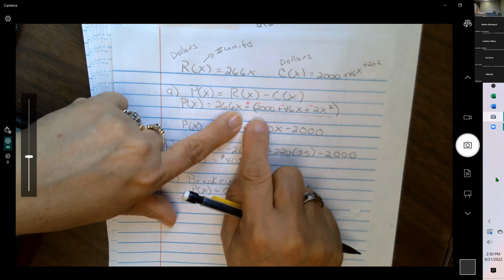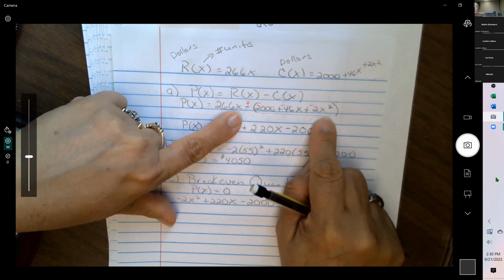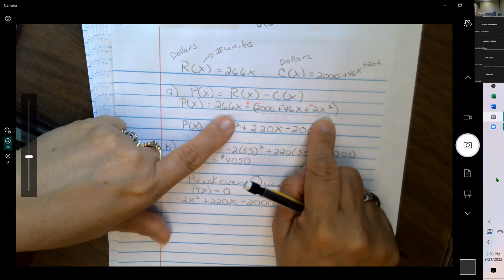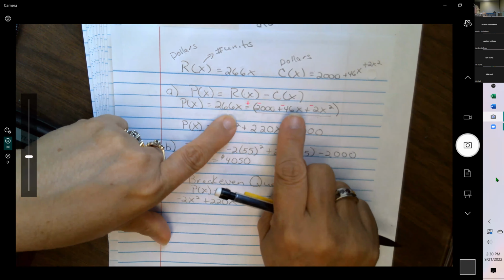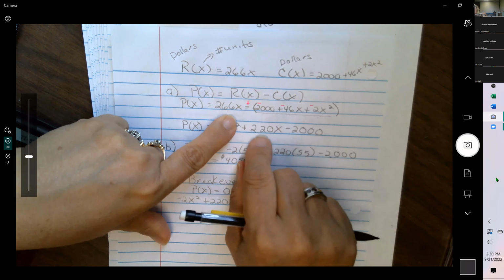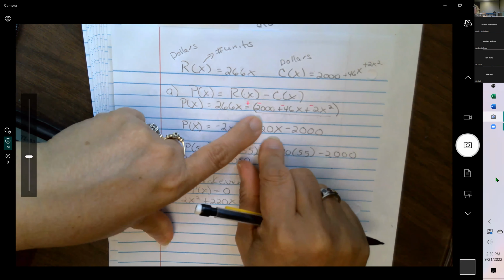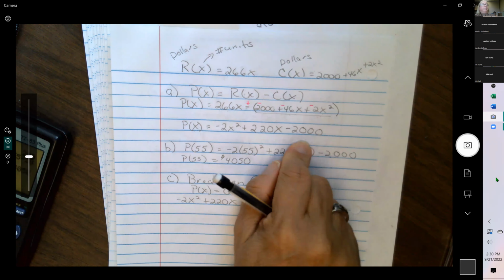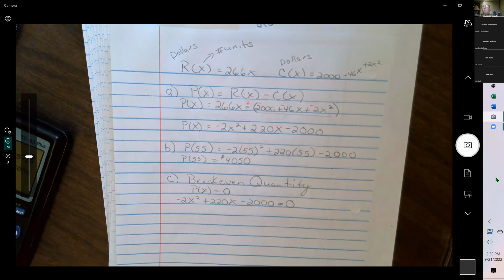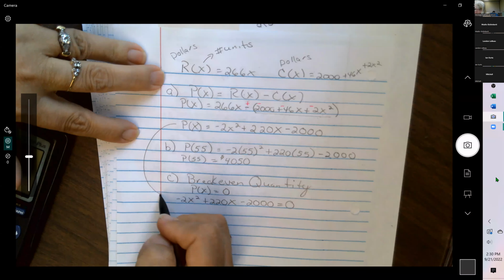Then combine like terms. I put my squared term first, so negative 2x squared. 266x minus 46x gave me the 220. And then my minus 2000. And then that's what I used here.